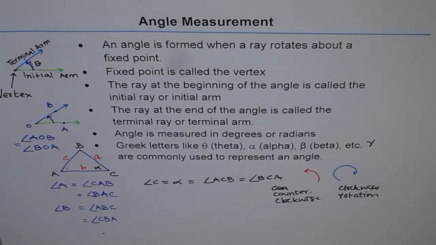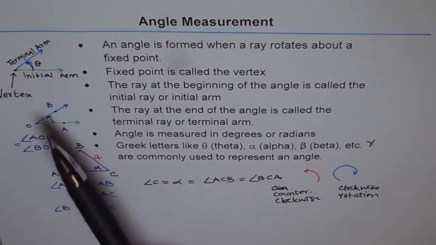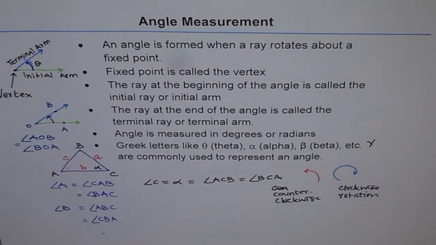Both are referring to angle B, okay? So let's be clear on this. When we talk about angle measurements, we are in general talking about these angles, which we use widely in geometry, analytical geometry, and all such cases. And in trigonometry, we'll introduce you to some more terms.